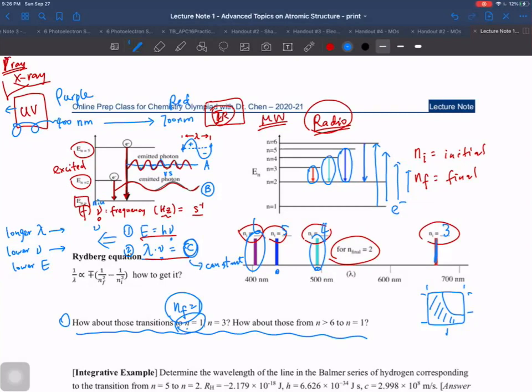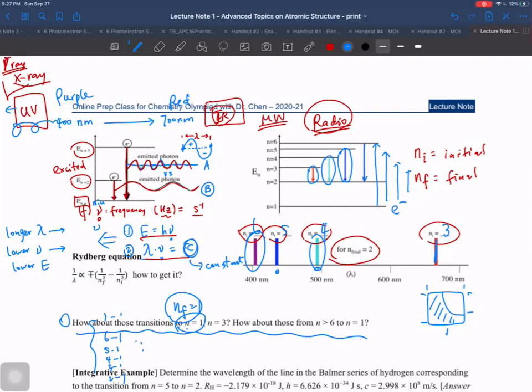I'm asking, for example, where are those lines for 6 to 1, 5 to 1, 4 to 1, 3 to 1, 2 to 1? Even 7 to 1, right? There are supposed to be a lot of lines. Why are there only 4 lines here?